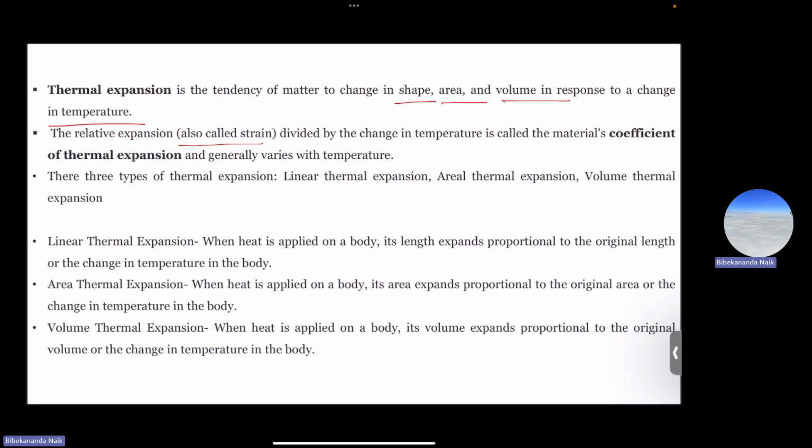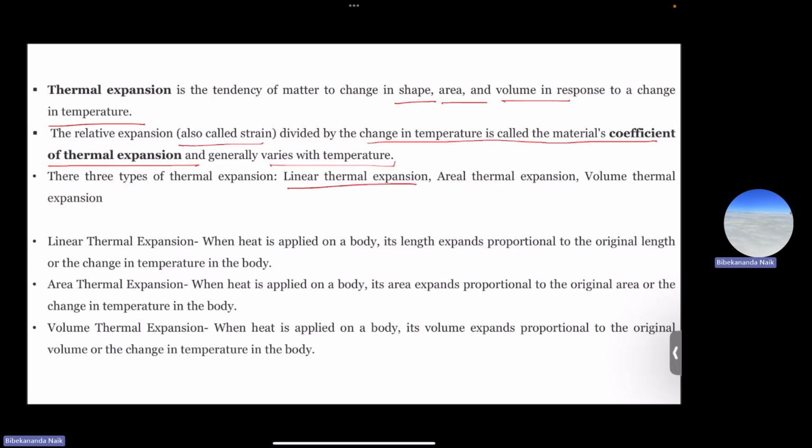So the relative expansion, that is the actual expansion in comparison to the original length, is called strain. It is divided by the change in temperature, is called the material's coefficient of thermal expansion, and it varies generally with temperature. So there are three types of thermal expansion corresponding to the dimension of expansion involved.